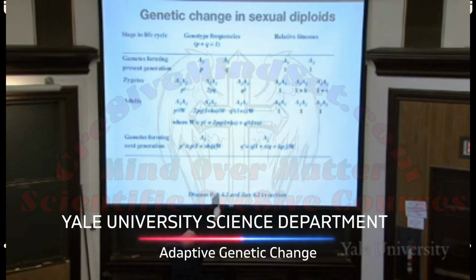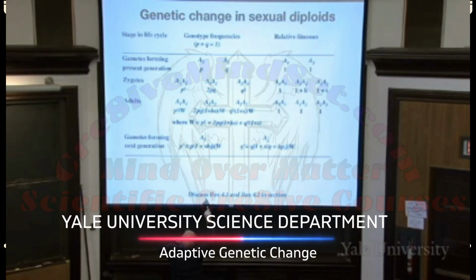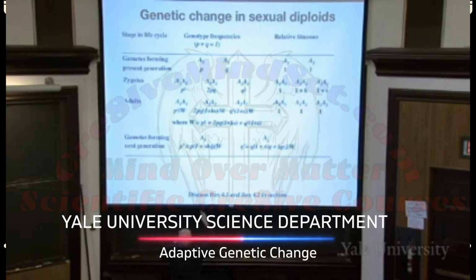So Q is changing the most, and to the degree that A2 can be seen in the heterozygote, it will also be affected by S, but it won't be affected if there is complete dominance. Okay? So if H is 0, there's no effect of selection on the heterozygote. This term cancels out. The result of that is that you get these frequencies forming the next generation.